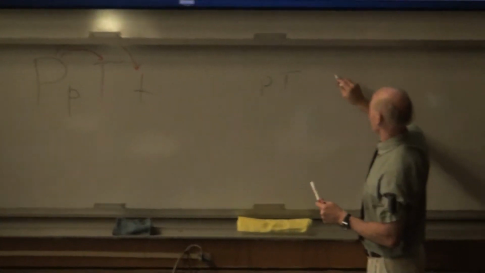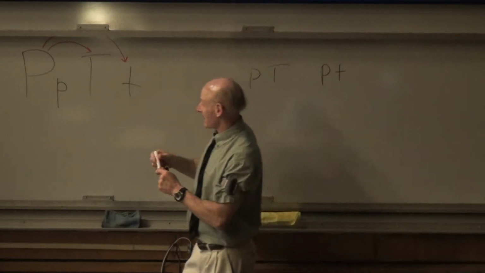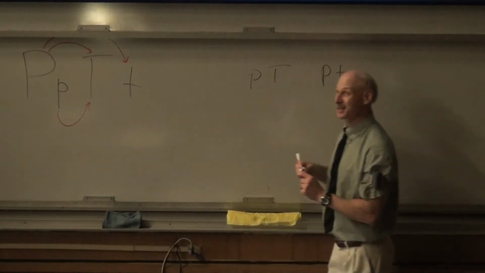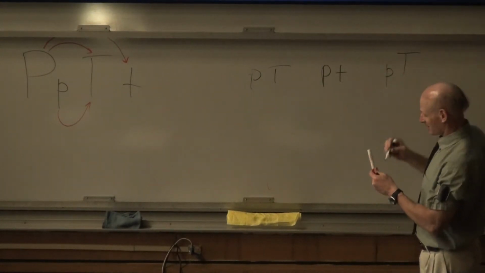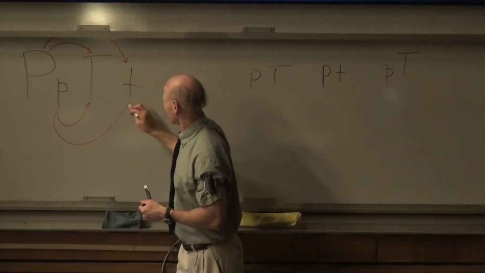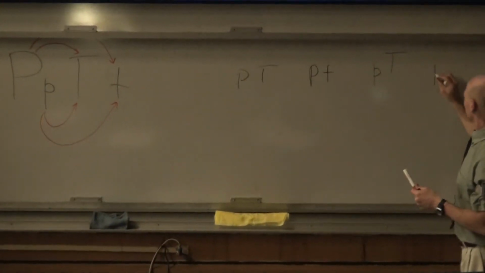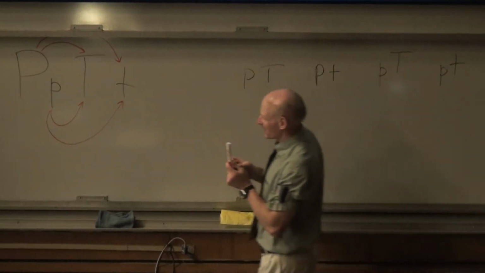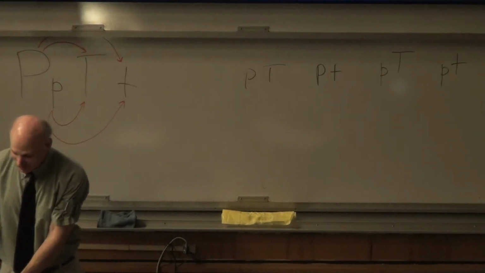And it's also equally likely that a sperm could get the little p allele for flower color and the big T allele for tallness. And it's also equally likely that a sperm can get little p and little t. Like that.